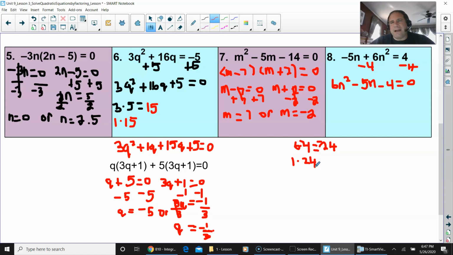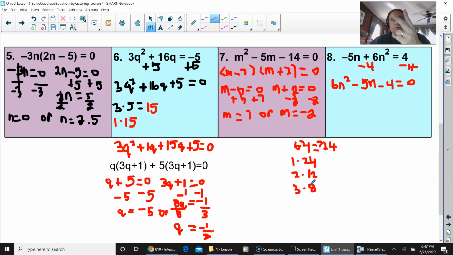Can you make a 5 out of that? No. So 2 times 12. Can you make a 5 out of that? No. 3. Does 3 go into 24? Yes, it does. It goes in 8 times. Can you make a 5 out of that?